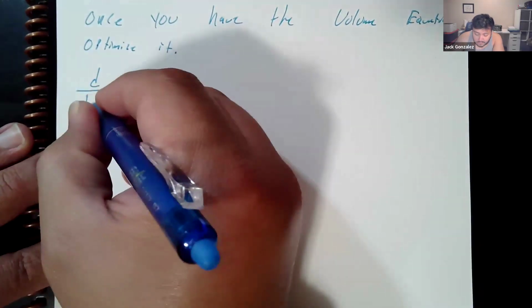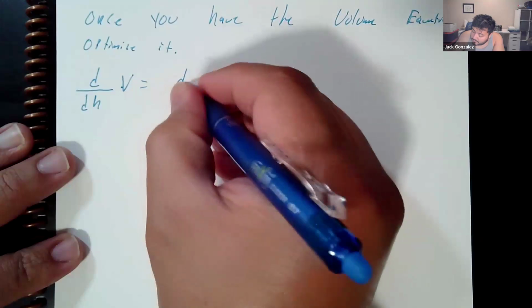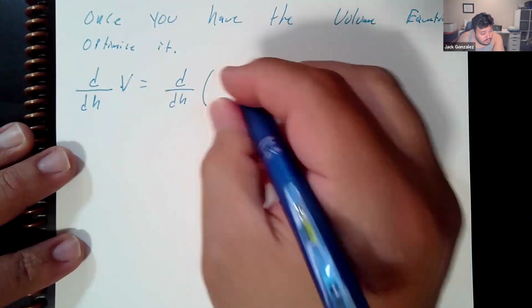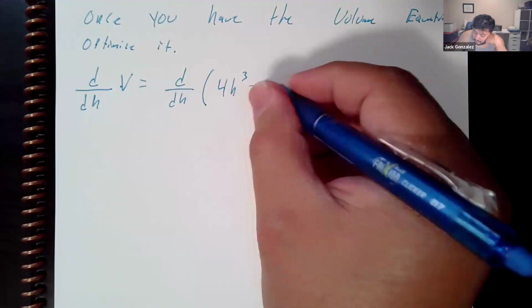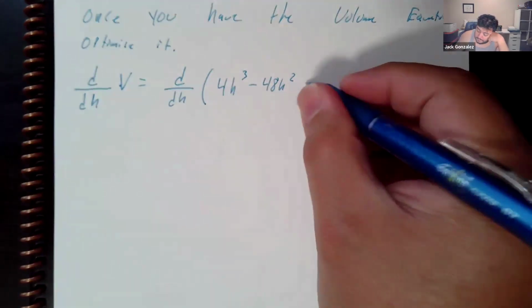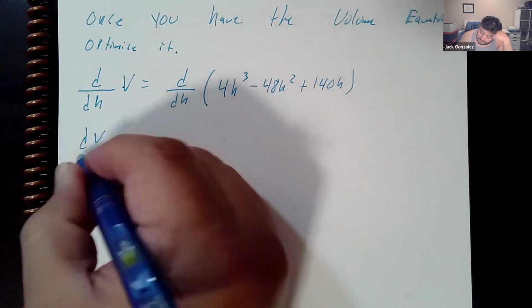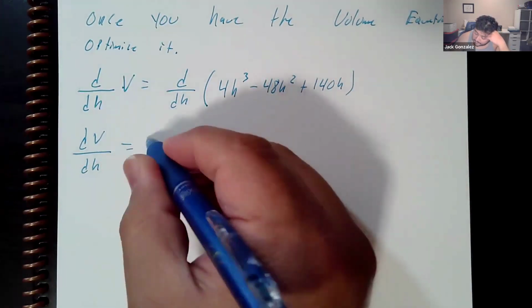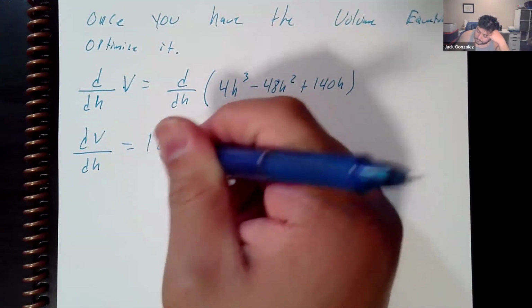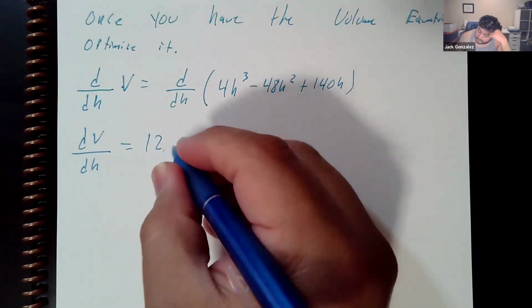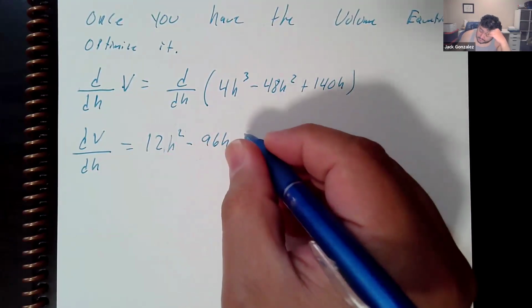So d/dh of your volume formula. The derivative will be this guy: 12h squared minus 96h plus 140.